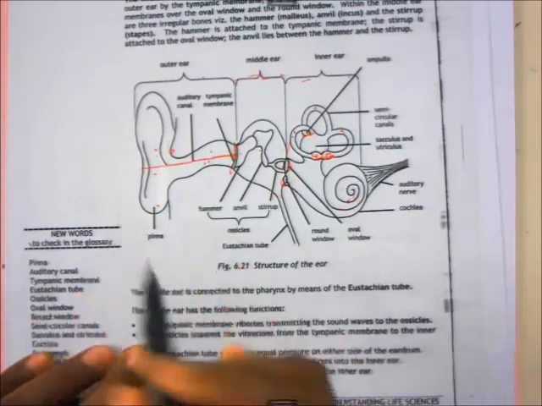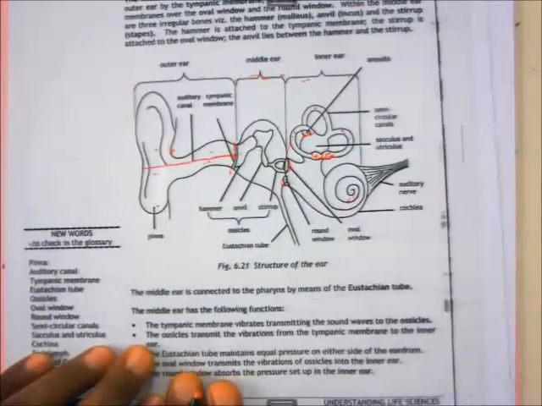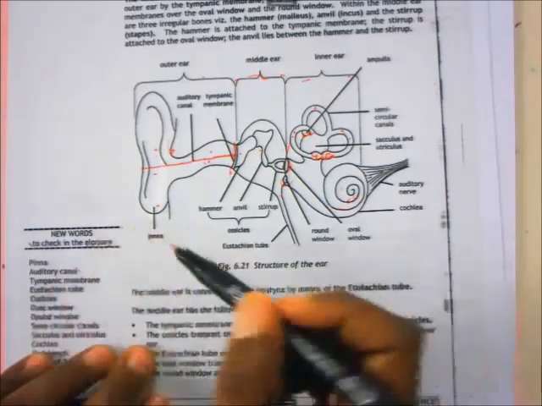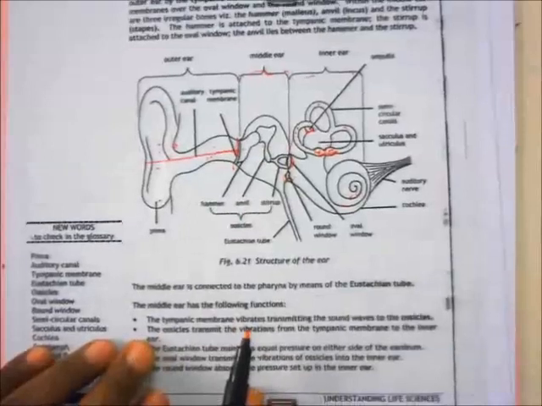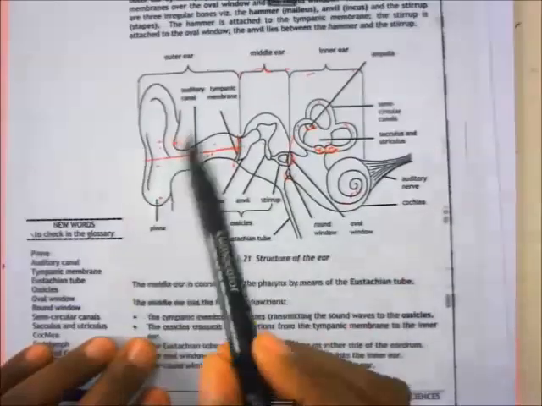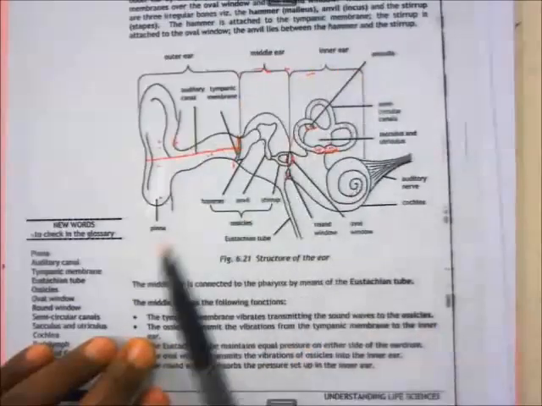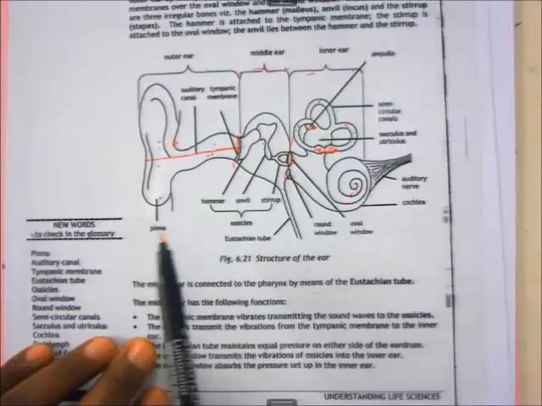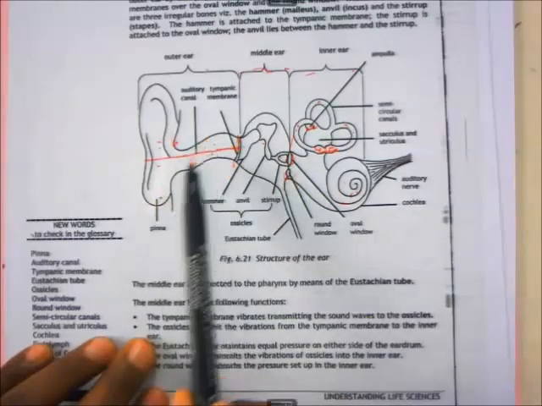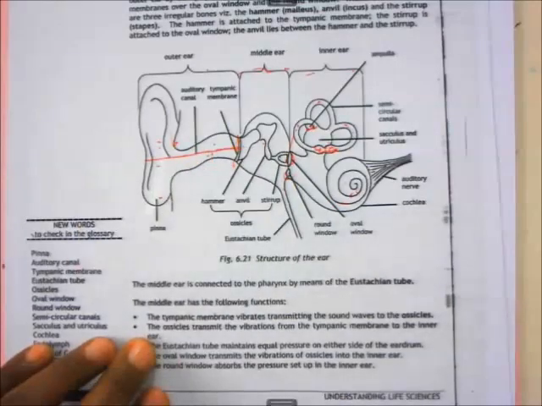Now, let us talk about the function of each and every part of an ear. Let me start first with the outer ear. I said the outer ear is made up of the pinna as well as the auditory canal.